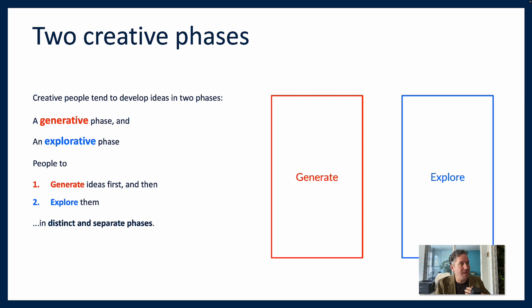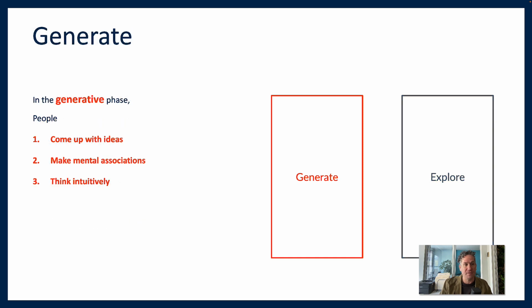People tend to generate first. They come up with ideas first. And then once they have a number of ideas, they'll explore those ideas. They'll work with them, develop them. Those generative moments and explorative moments happen in distinct and separate phases for people who are highly creative, prodigiously creative, successful in creativity.